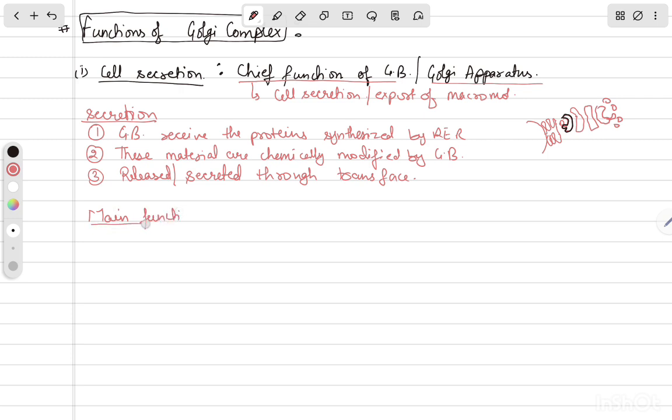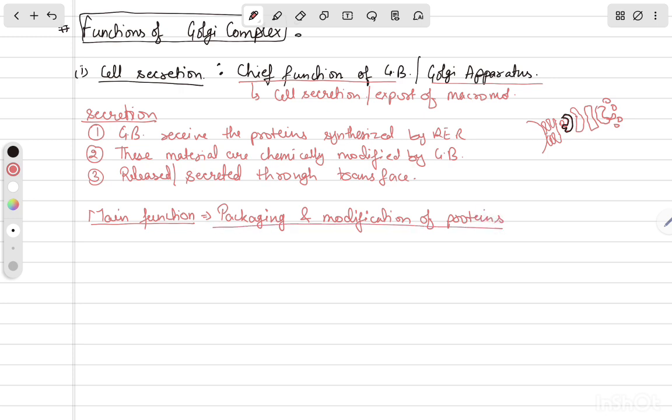And we'll compare this function with endoplasmic reticulum. Endoplasmic reticulum will synthesize the protein in raw form, and this is packaged and modified. Packaging and modification of protein formed by rough endoplasmic reticulum take place in Golgi apparatus.